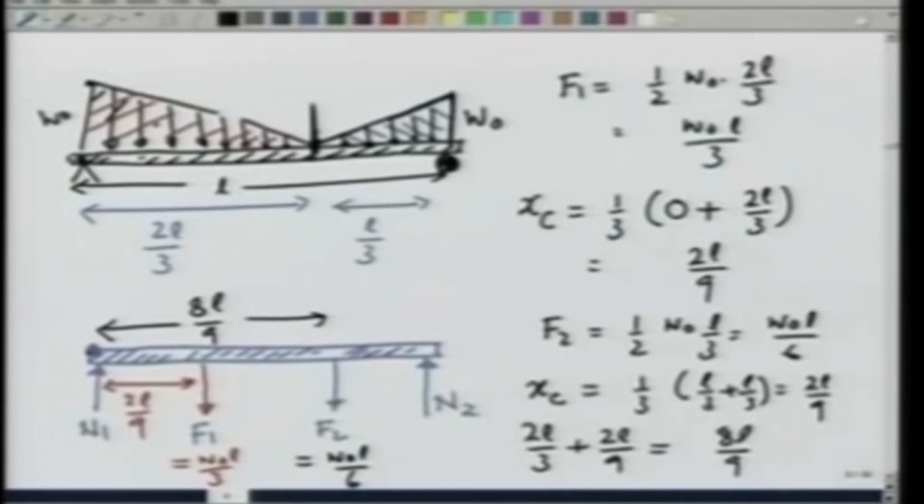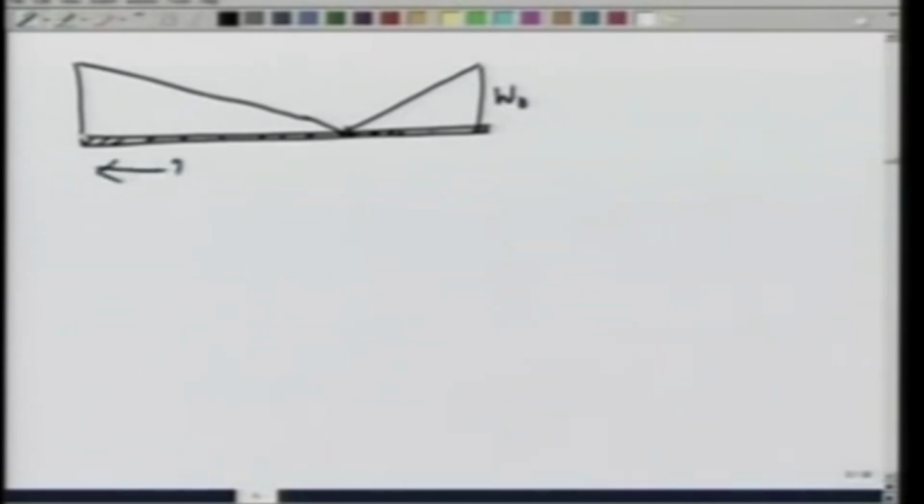So, what we have done effectively is took this beam, which is loaded like this, with this being W0, this distance being 2L by 3, this distance being L by 3.